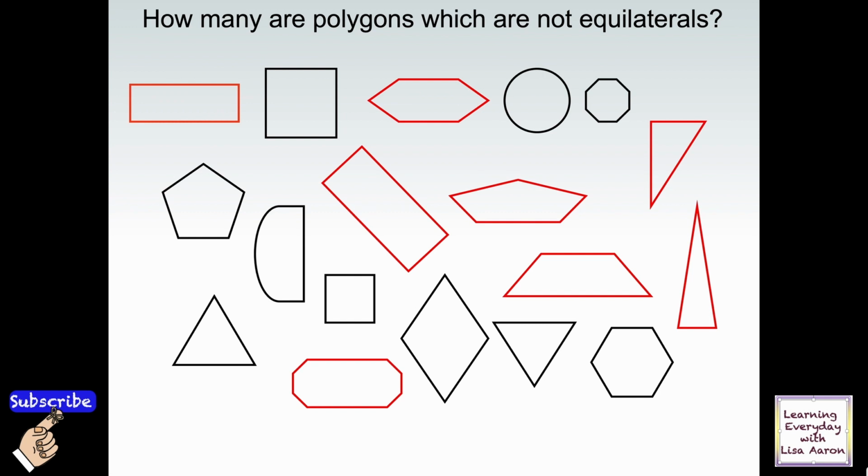See with the rectangle on the left-hand side, there's two lengths that are long and two are short, like Ricky Rectangle. And that pentagon, they're not all the same length. Triangles are not the same length, so they're not equilaterals.